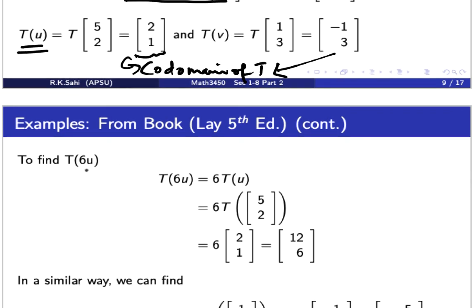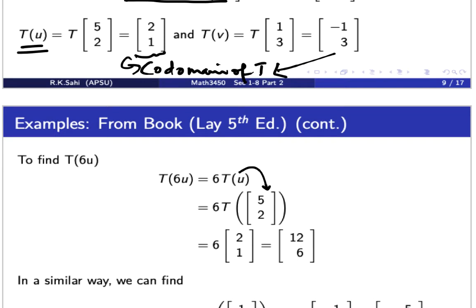T of 6u: T is a linear transformation, that means we can pull the scalar out. It's going to be 6 times T of u. Now remember, what is T of u? It is the vector 2, 1. So 6 times T of 5, 2, where 5, 2 is the vector u, and T of 5, 2 is 2, 1. And when 6 is multiplied to this vector, we get 12 and 6.